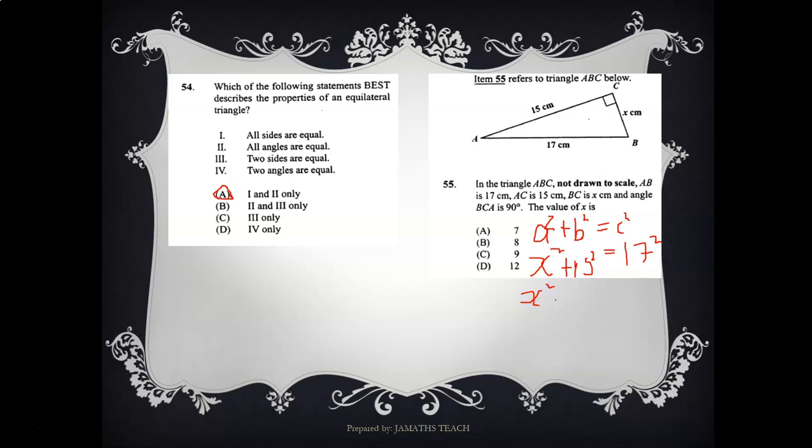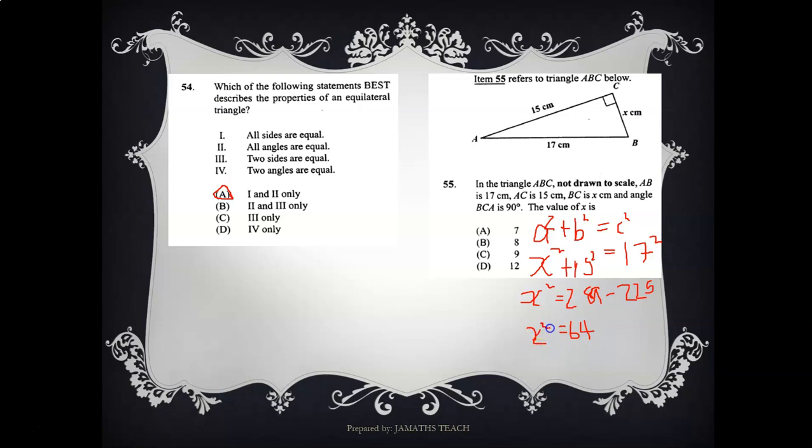So X squared is equal to, we transpose the 15 squared, we're going to end up subtracting it. So it's 289, that's 17 squared, minus 225, and that is 15 squared. That will give us 64 for X squared.